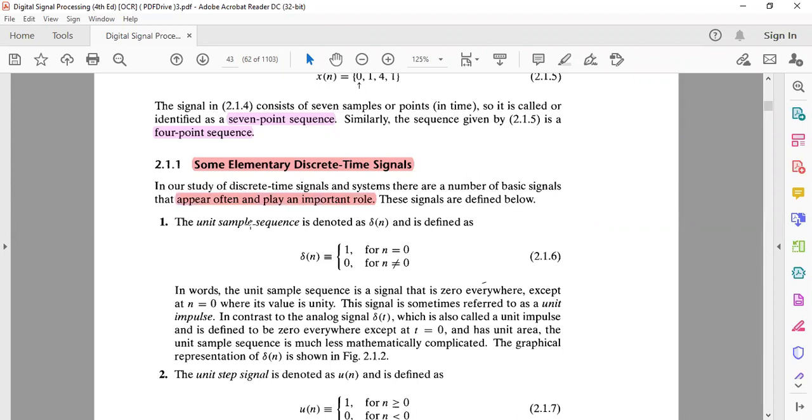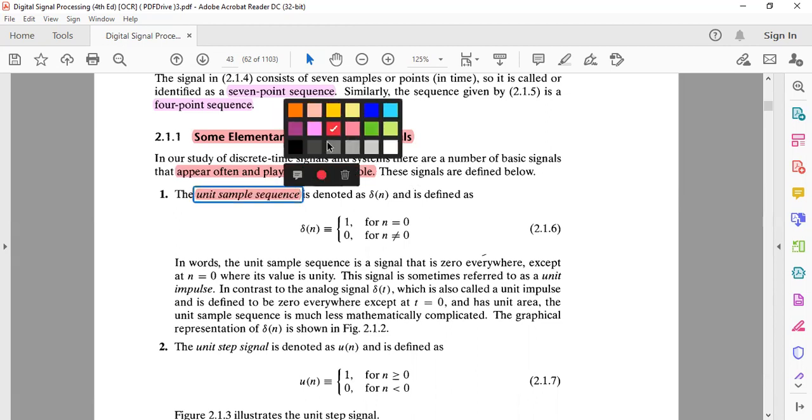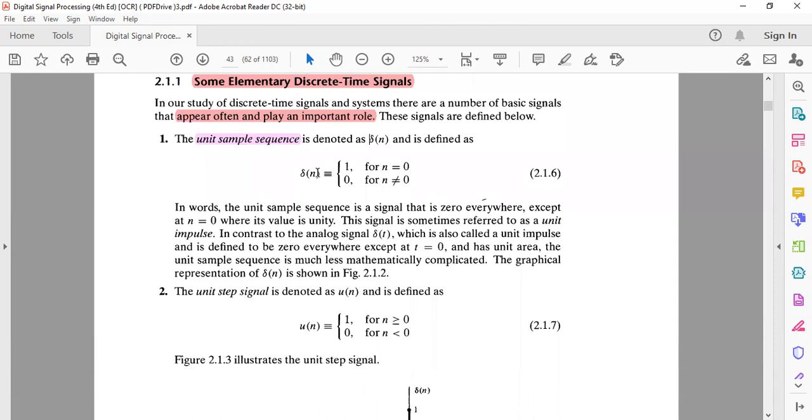We have, for example, the unit sequence, which we denote by delta n, and it is defined as a function that delta n, the unit sequence, is 1 for n equal to 0 and is 0 for all values of n that are not 0.